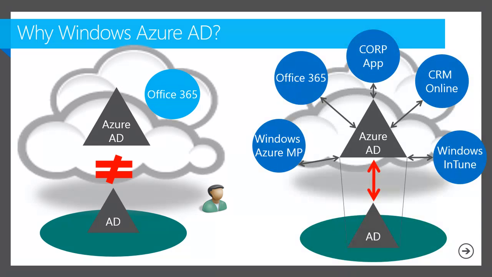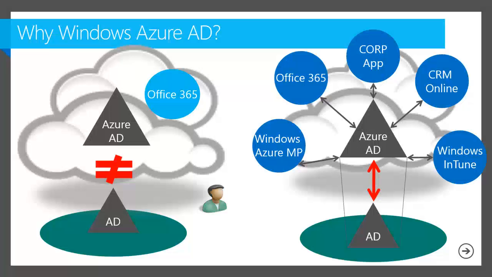I'll get into the synchronization scenarios in just a second, but there are ways to synchronize, and there are a lot of different things that you can authenticate against with Windows Azure Active Directory. It's not just Microsoft's cloud services, although that's probably one of the primary reasons people use it.